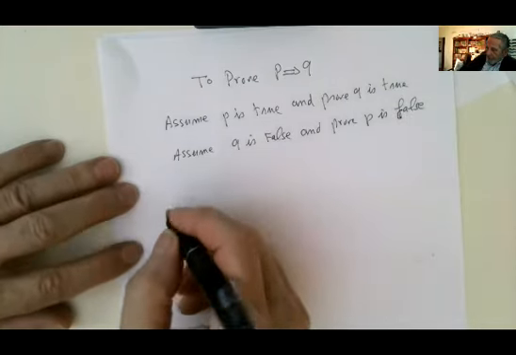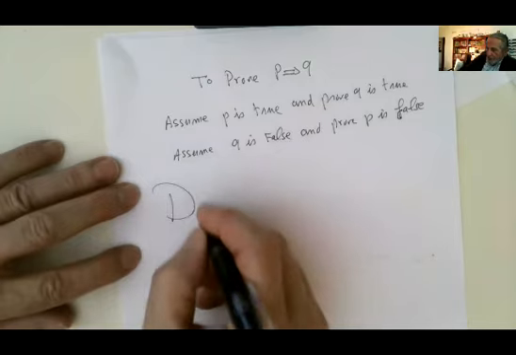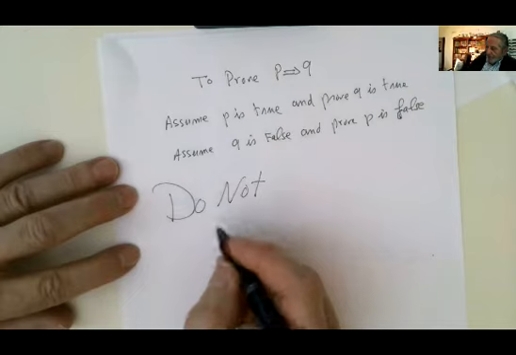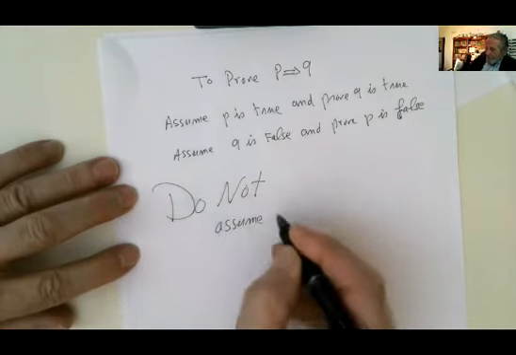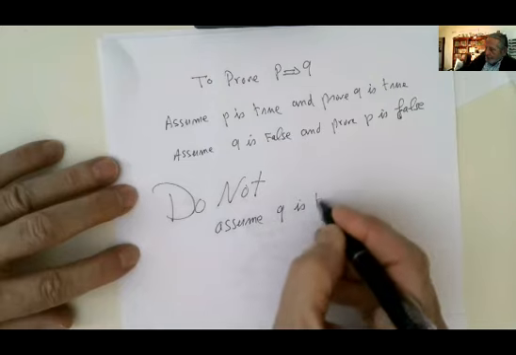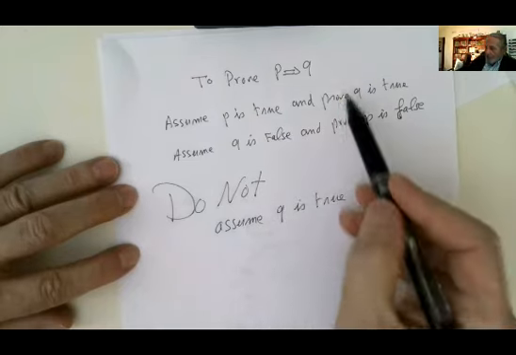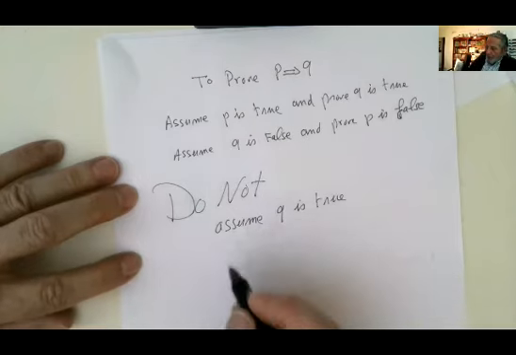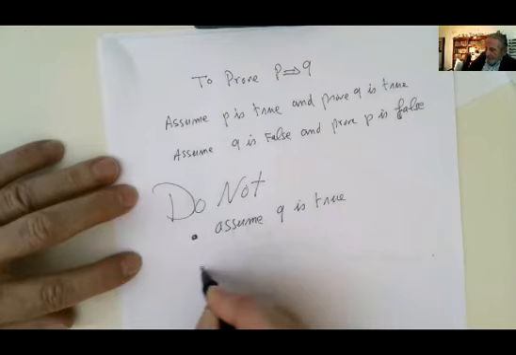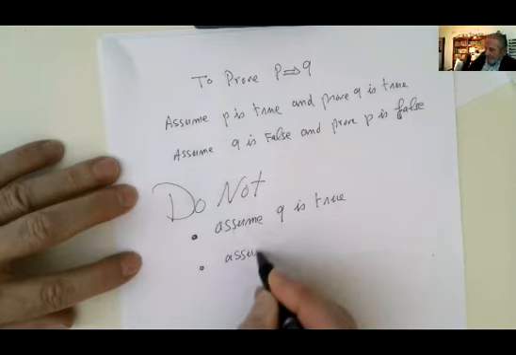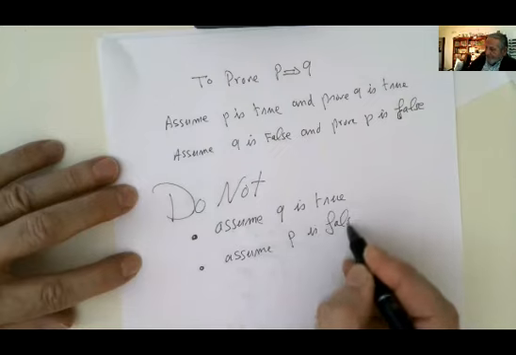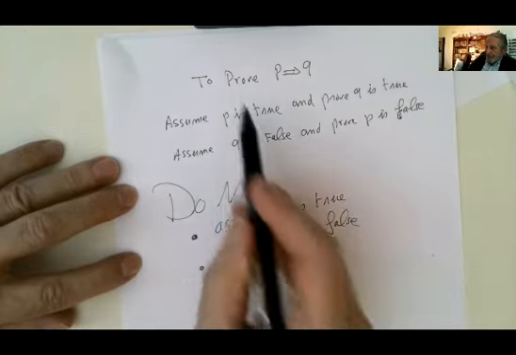So, warning, do not assume Q is true, because that's what you're trying to prove. Do not assume P is false, because P is your assumption that you're starting with.